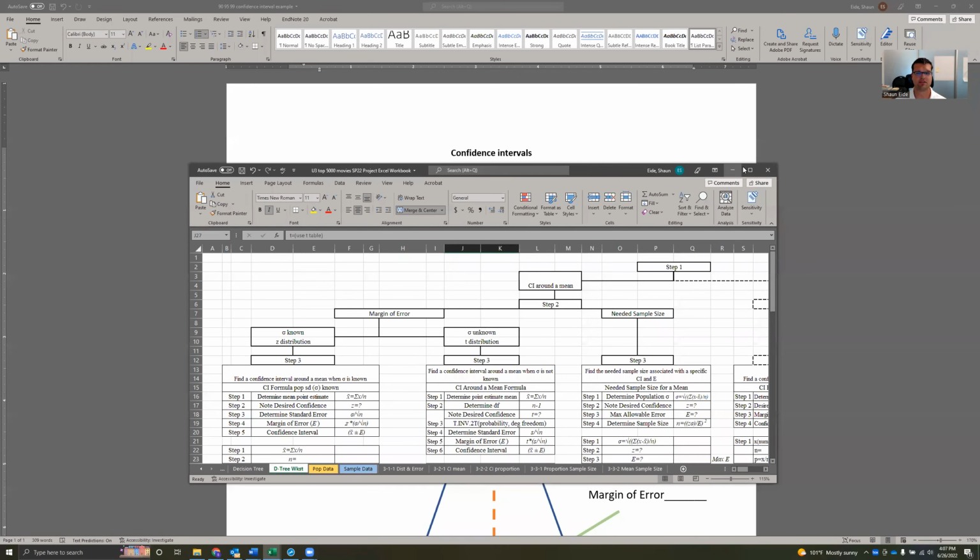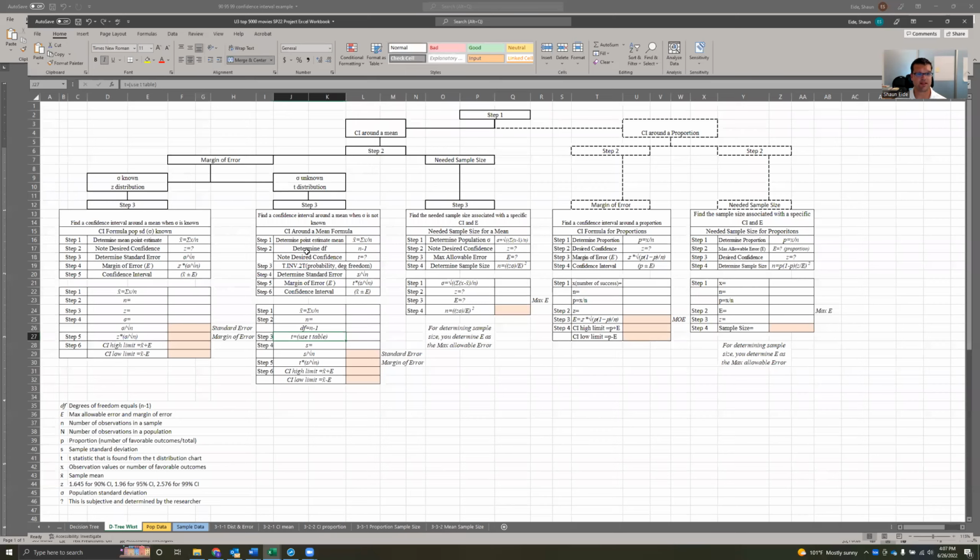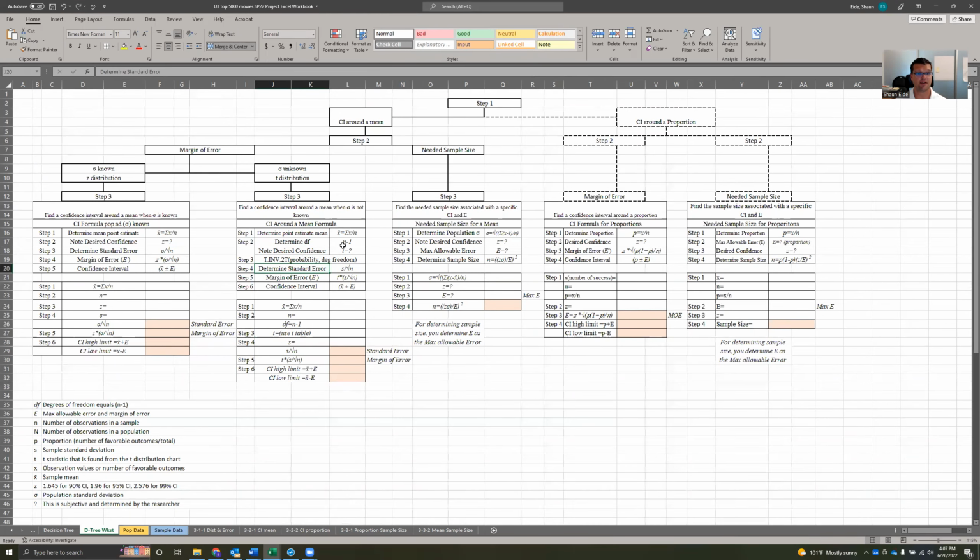standard deviation. Right here, we have sample size, which gives degrees of freedom, desired confidence, and then we also have the standard deviation, which is s. So we have that information right there. With the sample size, you'll also need n.